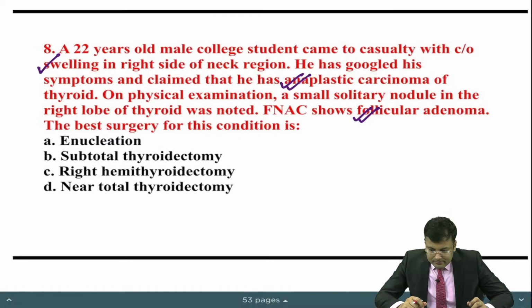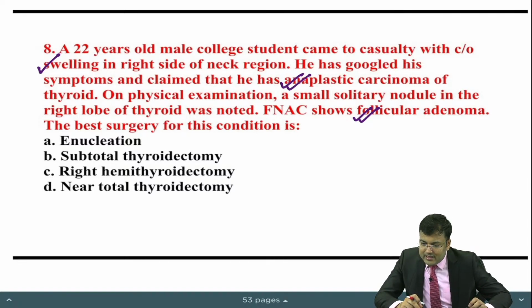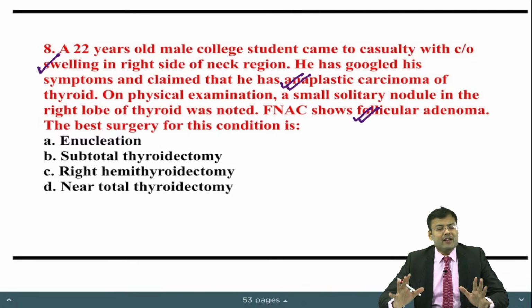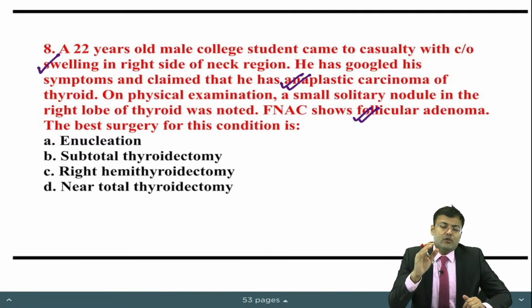So let's see. Here, some people, I mean, Sweta is saying that it is B, Bhagyashree is saying that it is C, Sultan Ali is saying that it is A, but most of the students are saying that it is C. Now see how we are going to manage. This is follicular adenoma, okay. So what you do, you perform hemithyroidectomy.